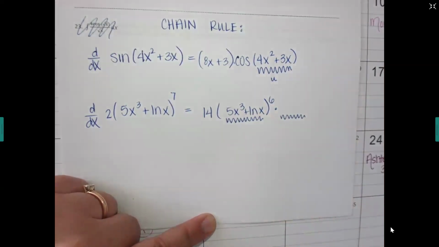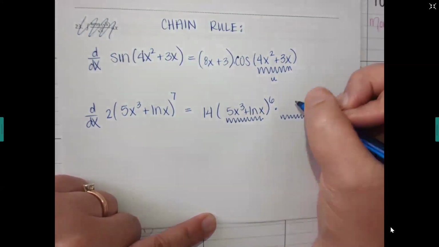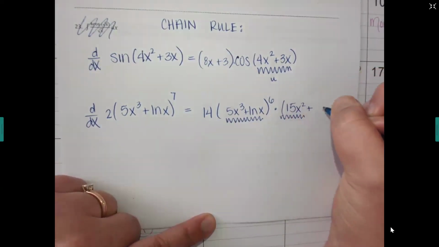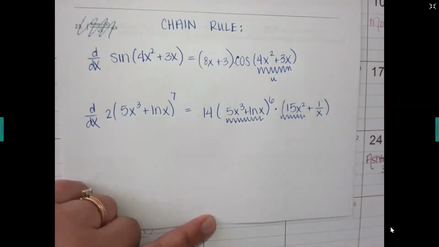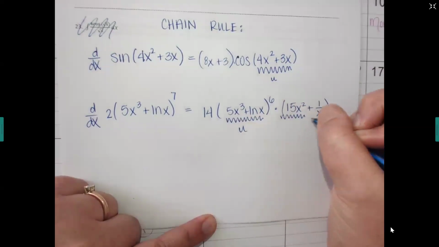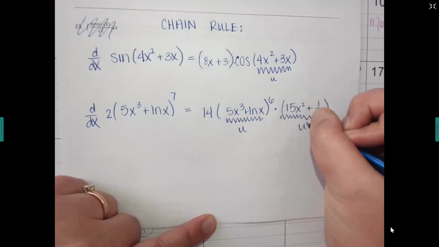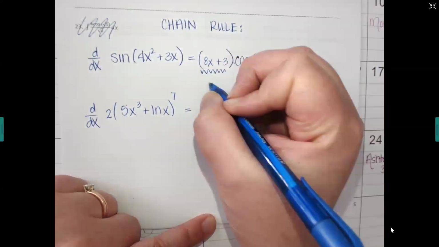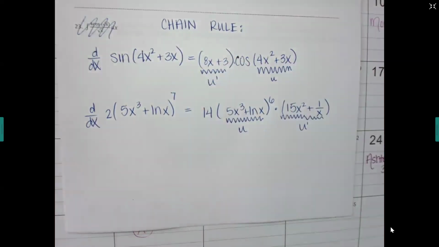So what's the derivative of 5x cubed plus ln x? 15x squared, and then ln x, the derivative goes to 1 over x. So this is my u, then this is my u prime. There's no fancy determination of whether you put it at the back or the front. It could go either one.